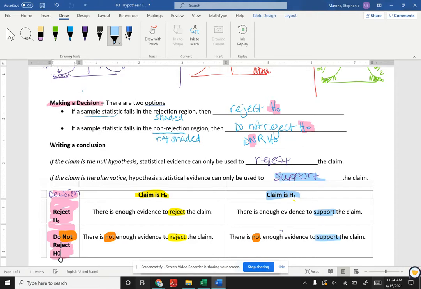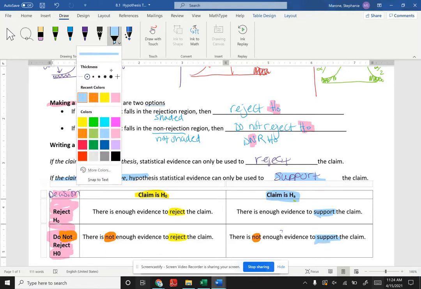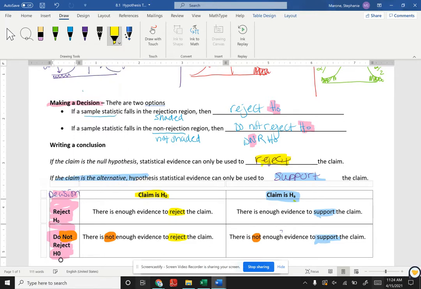So support is for the alternate hypothesis being the claim, and reject is for the null hypothesis being the claim in the sentence. The rest of it stays the same. All that stuff that isn't highlighted, we are either going to say there is or there is not.